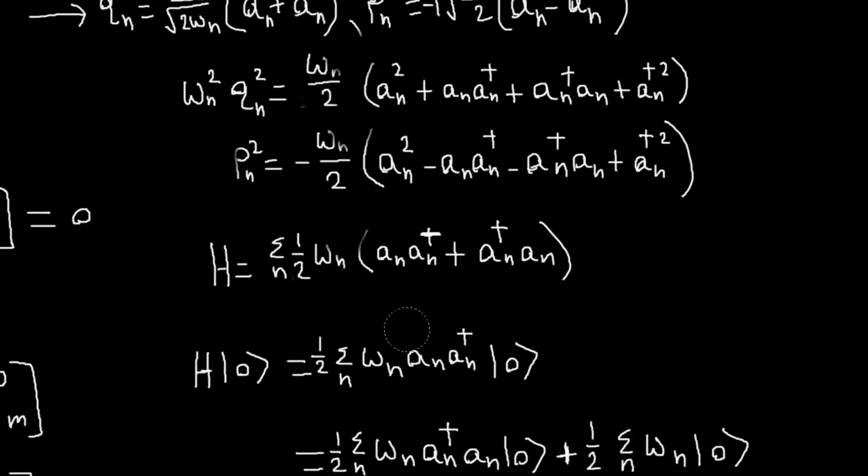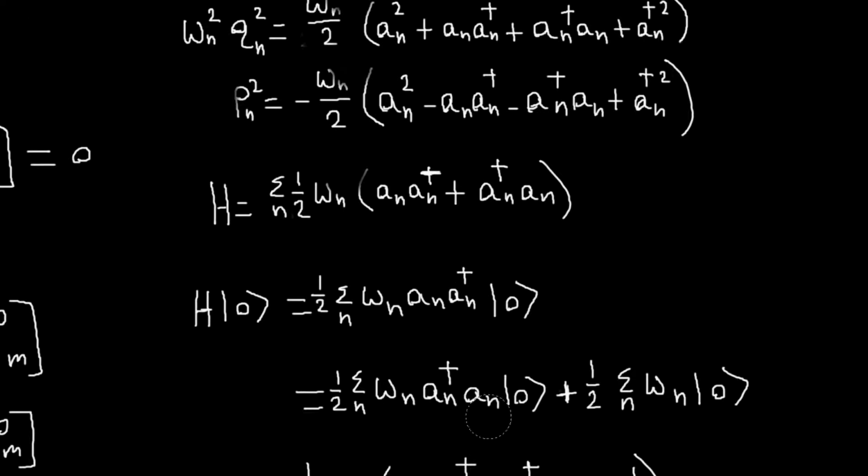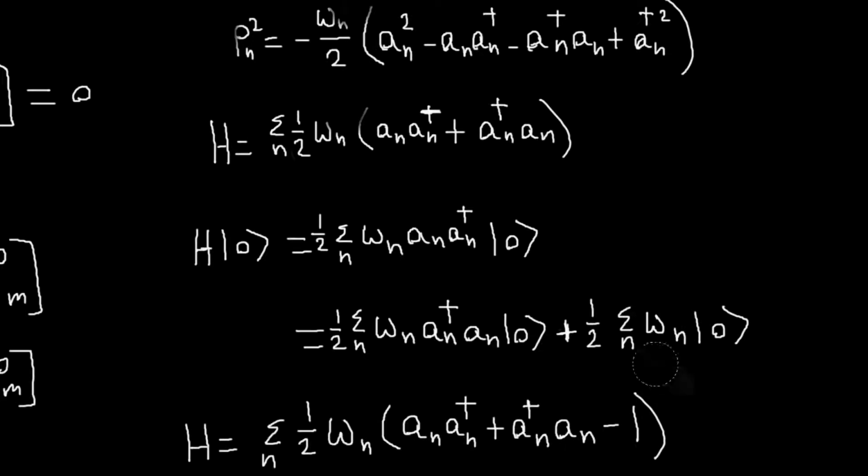So we'll just be left with this term. And then I can use my commutation relation between a_n and a_n dagger and get this. And then again, this term will go away because the annihilation operator annihilates the state. So I'm just left with this.